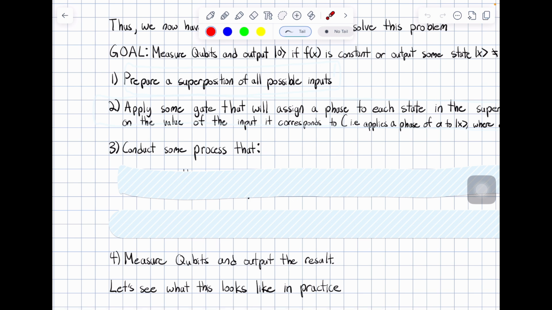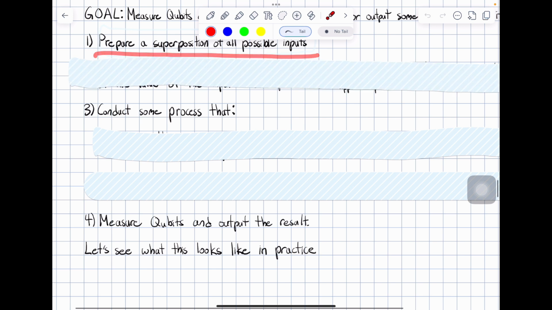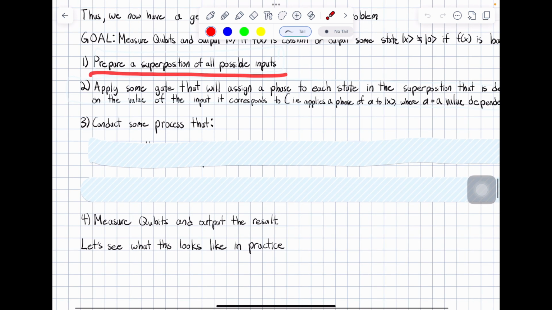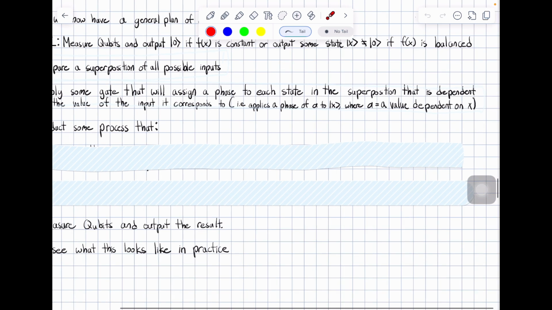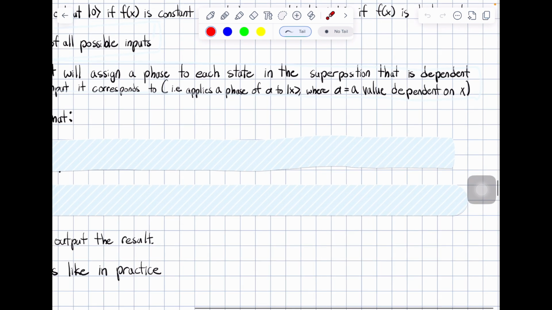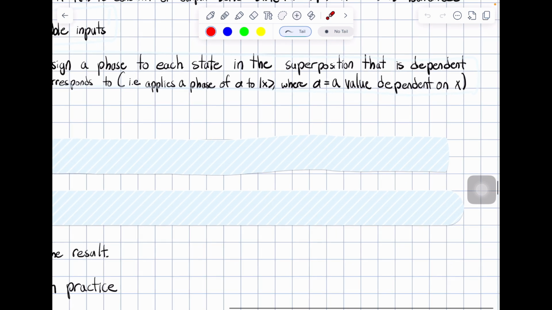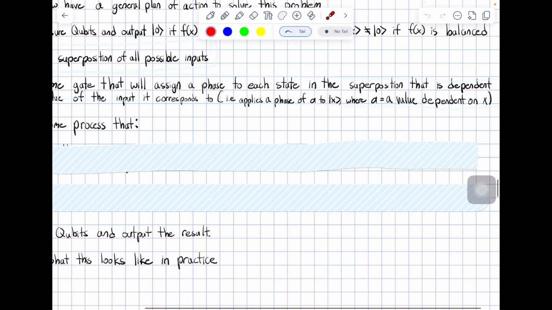What the circuit will look like is, first, we're going to prepare a superposition of all possible inputs. Second, we're going to apply some gate to the qubits that will assign a phase to each state in the superposition that is dependent on the value of the input it corresponds to. In other words, it applies a phase of alpha to the input state x, where alpha equals some value dependent on the input x.